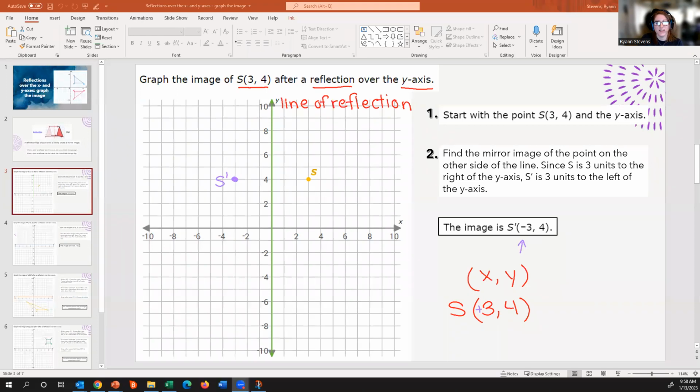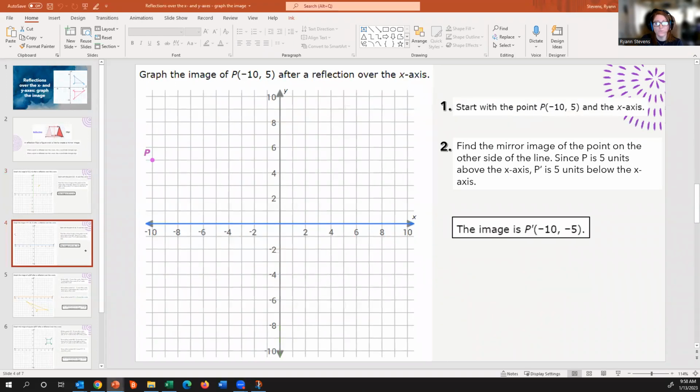All right, let's move on to another one. We're going to look at another point here, but this time we're graphing the image of P, which is at -10, 5, and we're looking at a reflection over the x-axis. So here we've got our ordered pair, and then we're reflecting it over the x-axis.